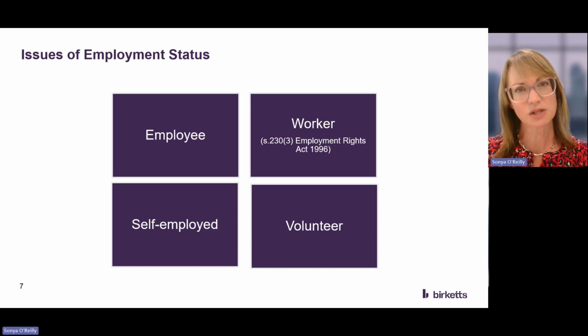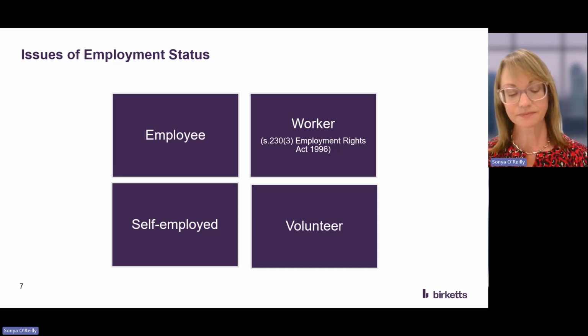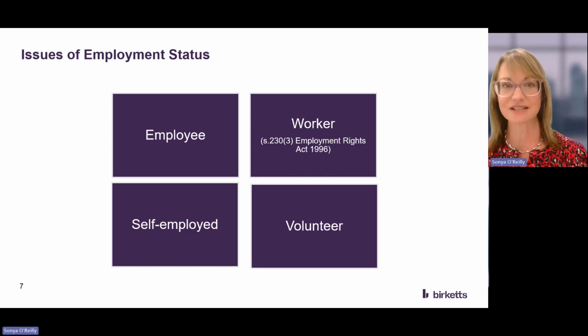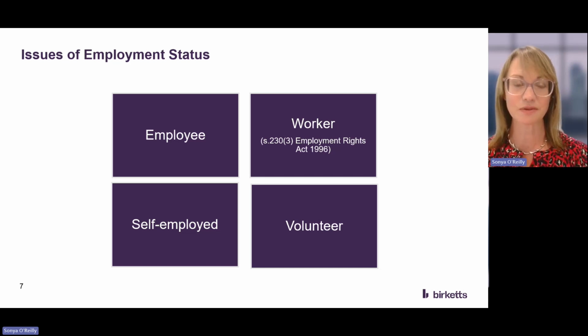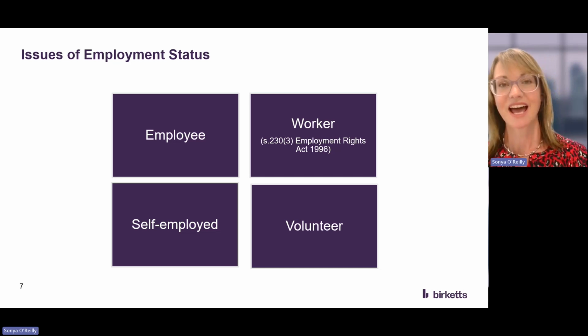And that then brings us on to volunteer status. Now, a genuine volunteer is entitled to provide some support and engage with the charity as they wish. They are not necessarily entitled to receive pay for that. It is normally a freely given service, and there would be a lack of these key factors.